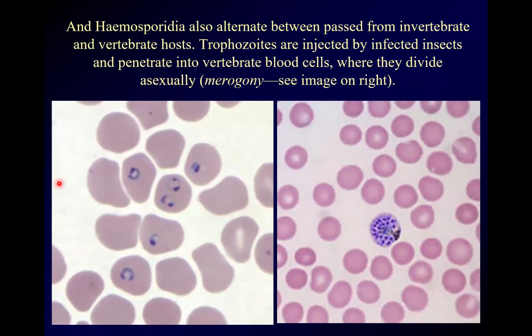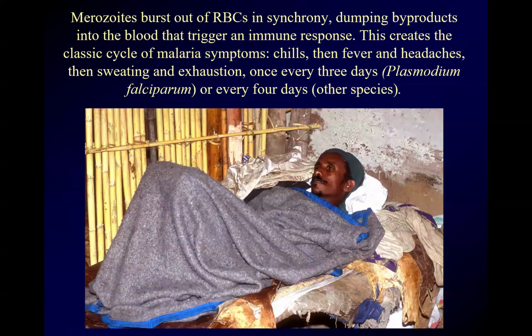What makes malaria hell is that this cycle of developing and then bursting out of blood cells happens in sync. So if you're infected with malaria once every 3 days or once every 4 days, depending on what species you've got, merozoites are going to burst out of a whole bunch of your red blood cells in synchrony.